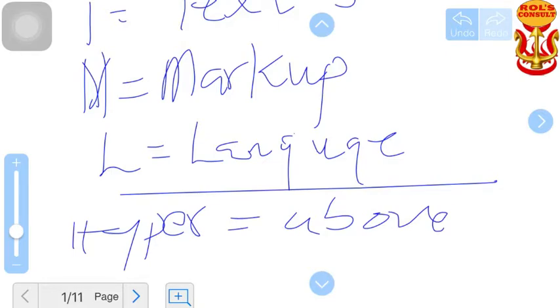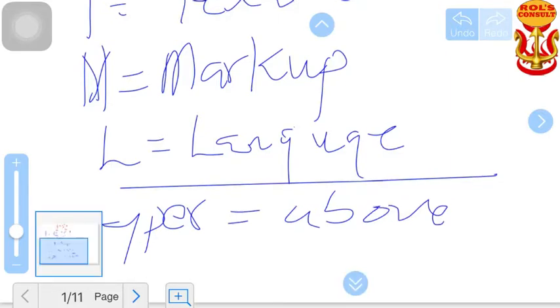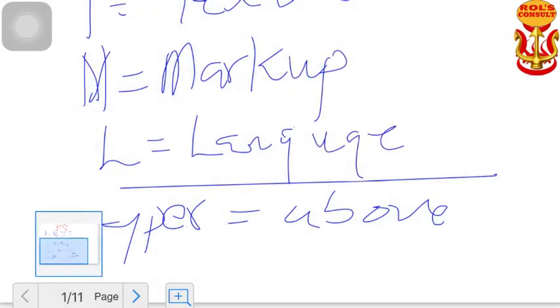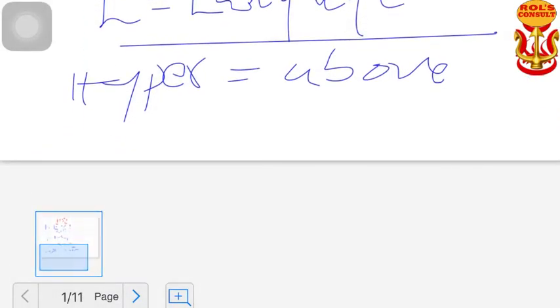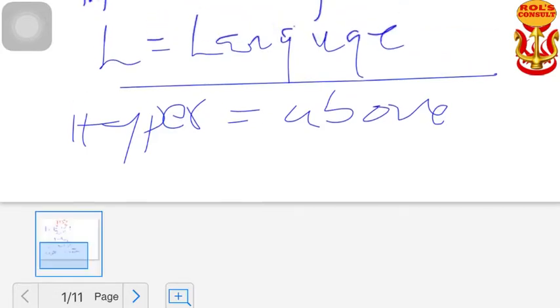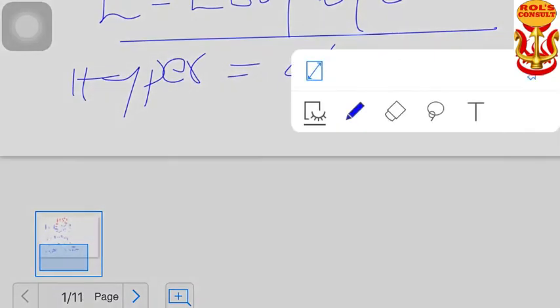But let's take the technical definition for hypertext. As I say them, you will have to take key note of them. Hypertext is a term that was coined by a man called Ted Nelson. Let me write it here.